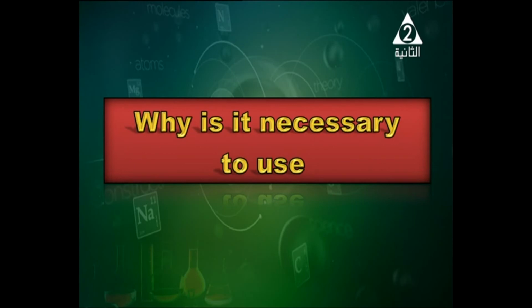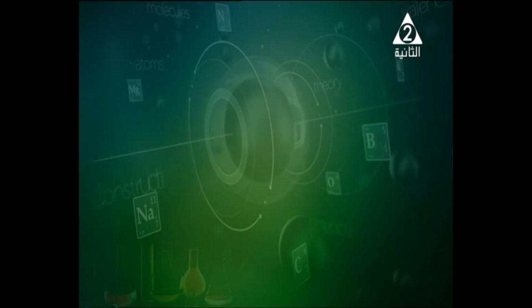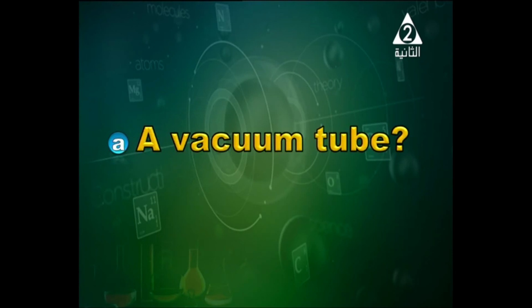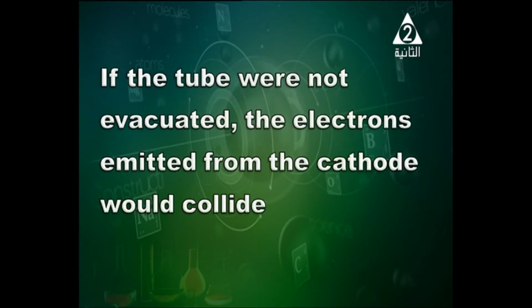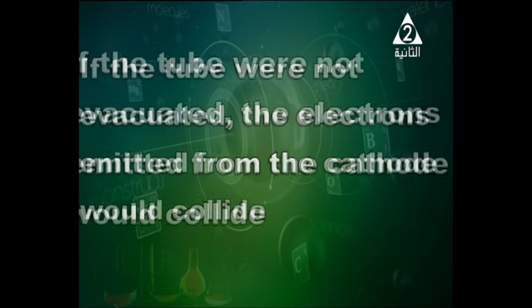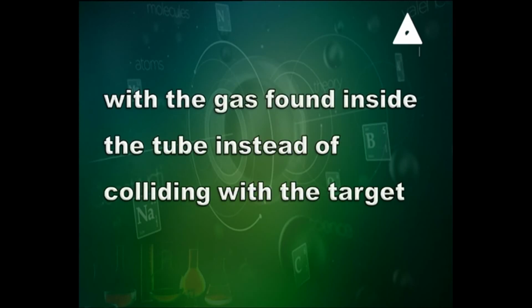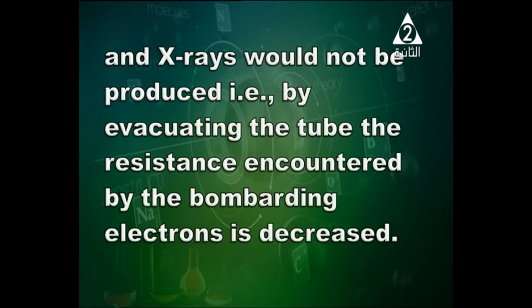Okay, another item: why is it necessary to use a vacuum tube? In other words, why the tube should be evacuated? Okay, if the tube weren't evacuated, the electrons emitted from the cathode would collide with the gas found inside the tube, and instead of colliding with the target, an X-ray would not be produced.